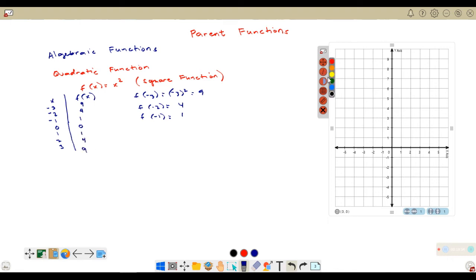Now, let's plot the values on the Cartesian plane. So, at negative 3, it is... Ay, ayaw na sumulat. Gawin natin red. 9. And then we have here 4. 1, 0, 1, 4, 9. And then, draw a smooth curve connecting all the points.